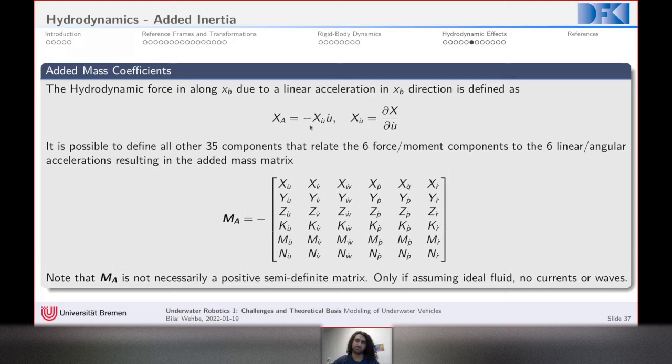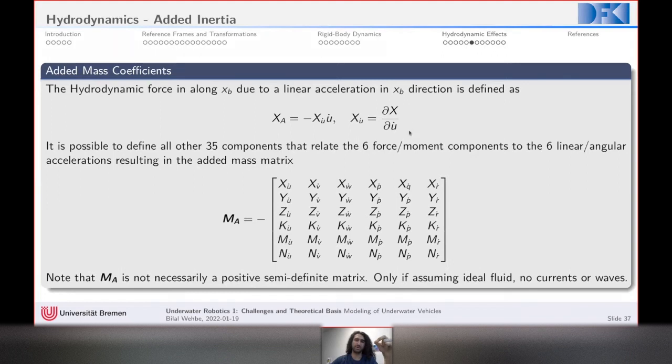This is a term that multiplies the acceleration, and it is the partial derivative of X with respect to u-dot, so with respect to the acceleration. This is only across one dimension.